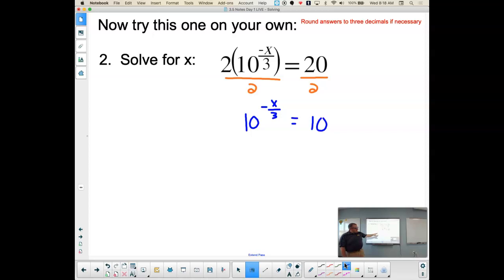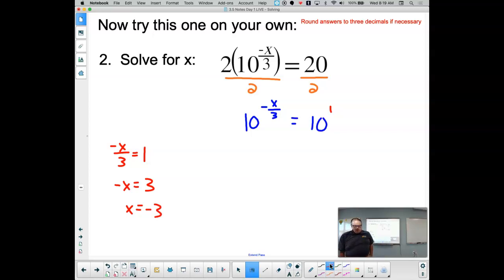Because I have the same base, I could realize that this is really 10 to the first power. And since my bases are the same, I could make my exponents be the same because it's an equality. And I could solve it from there. And I could say, well, negative x is equal to 3. So x has to equal negative 3.